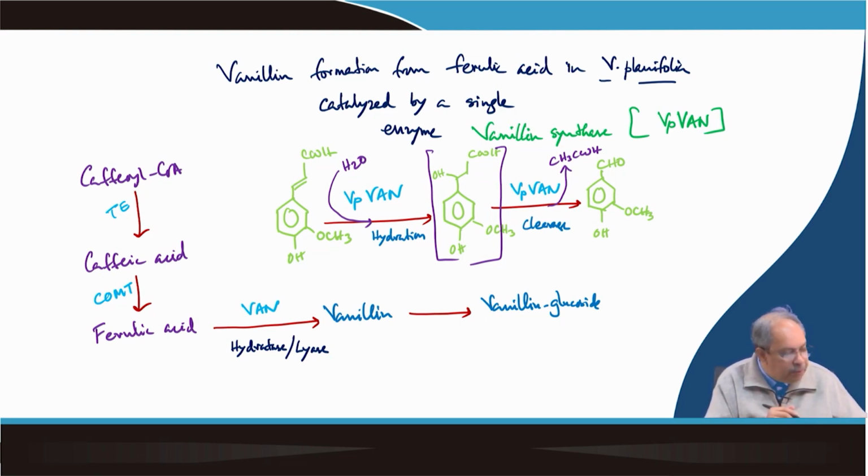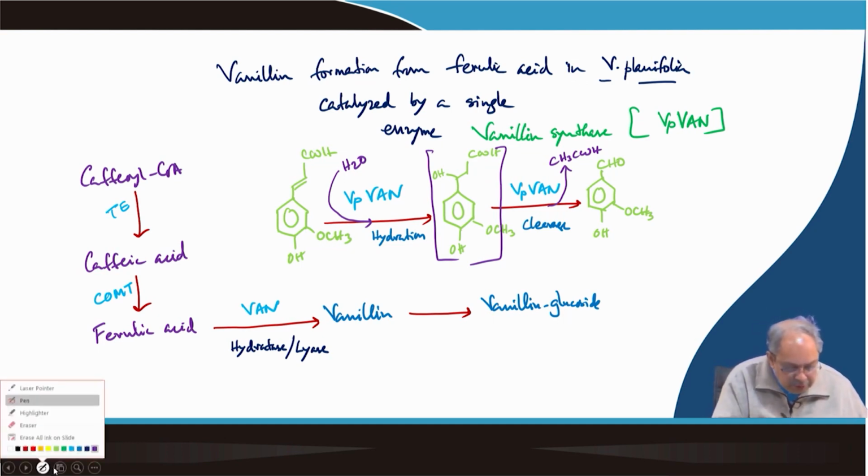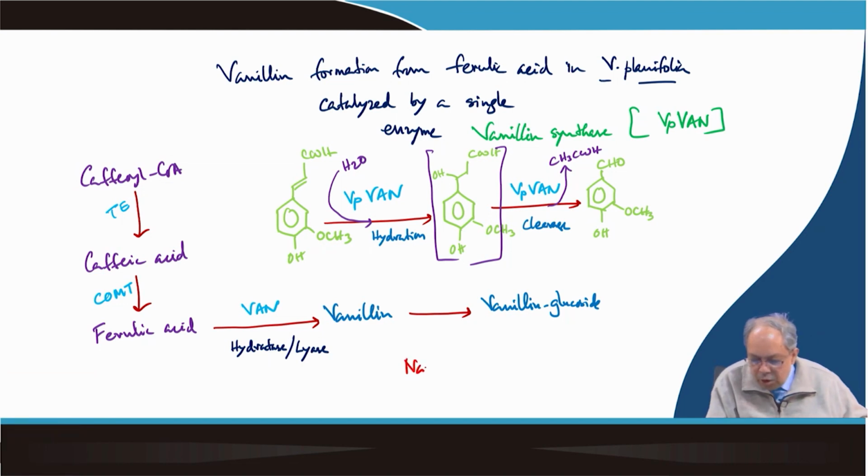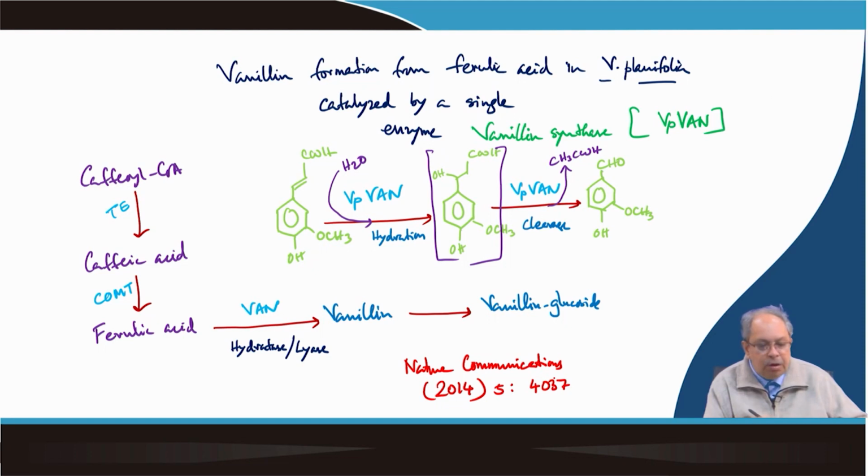Now, this paper, as I said, was published in the famous journal Nature Communications in the year 2014, volume 5, article number 4037. This time it is a totally online journal, so it has an article number.